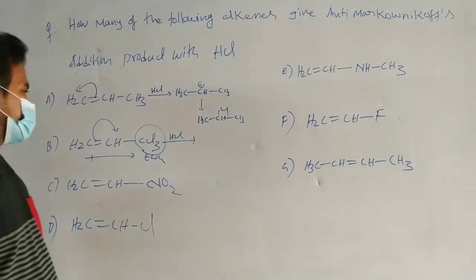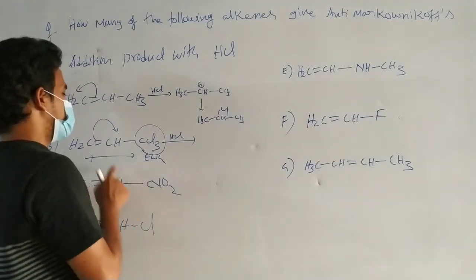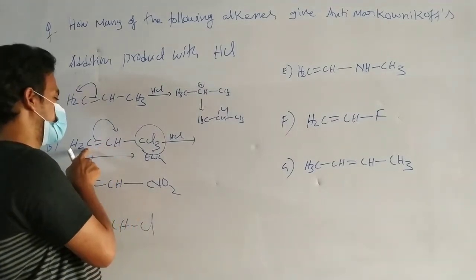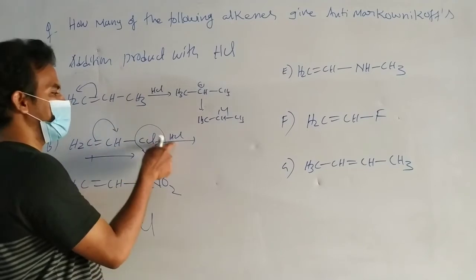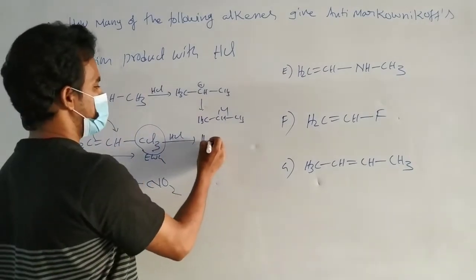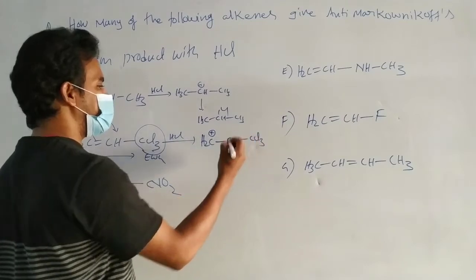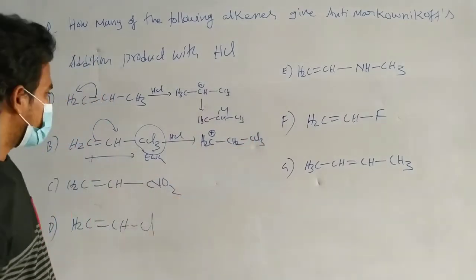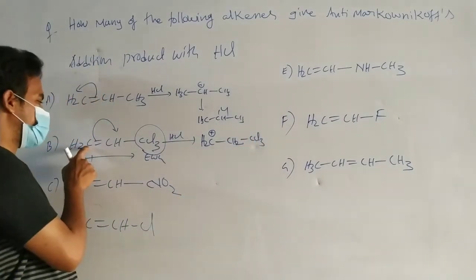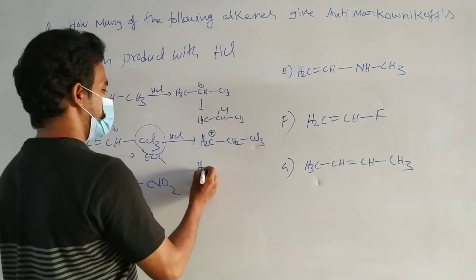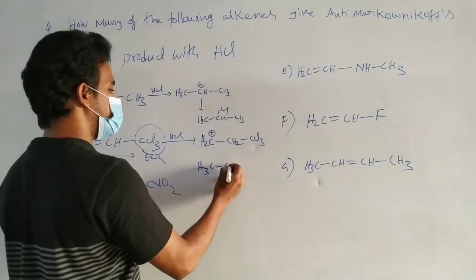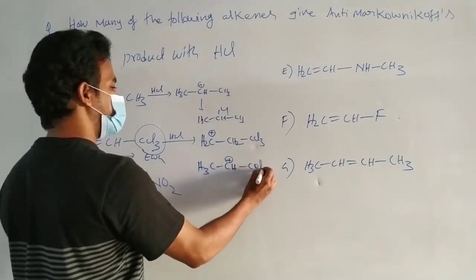This carbon carries a negative charge, this carbon carries a positive charge, and it is attacked by H plus. So we get CH2 plus CH2CCl3. Or suppose protonation takes place on this carbon, then we get CH3CH plus CCl3.